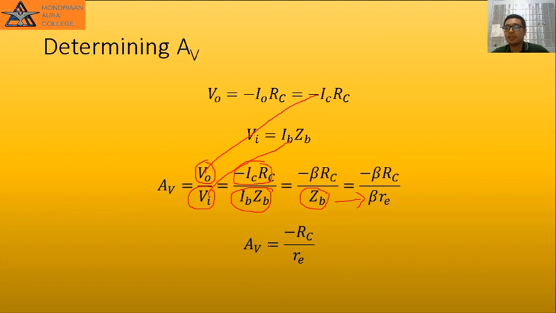Therefore, the voltage gain of a fully bypassed common emitter biased configuration is equal to negative R sub C over R sub E, which is different compared sa unbypassed configuration na dinescuss natin sa previous video natin. Again, yung negative symbol here, it doesn't mean na nag-decrease yung ating output. It means na meron tayong phase shift ng 180 degrees.